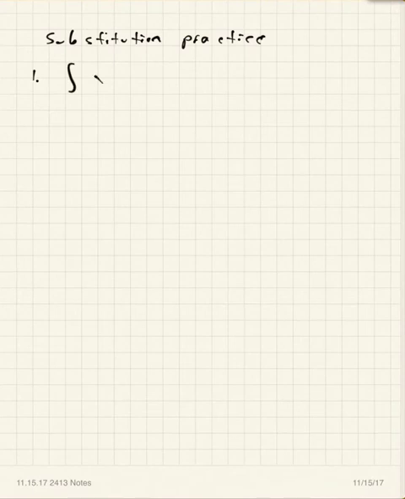All right, so now I have some problems here that I'm going to write down on this last page, and these are problems that you can count as practice for substitution. I am certainly not going to pick these up, but these would be really good problems to look at to practice substitution.